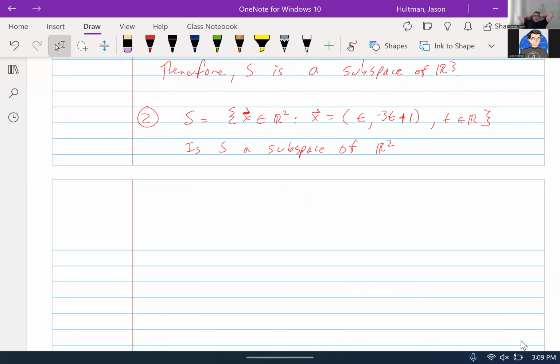Are we going to get something that has the same properties when we add or when we do scalar multiplication?